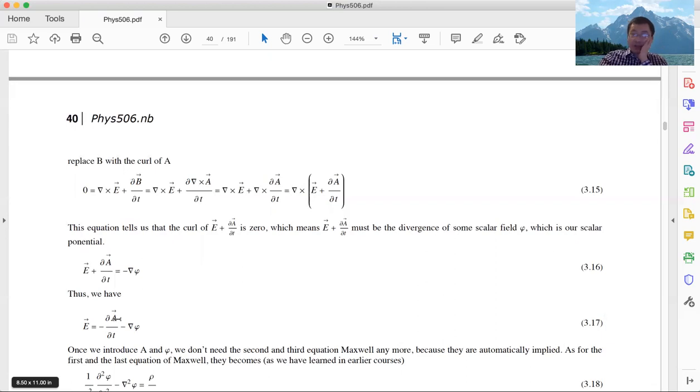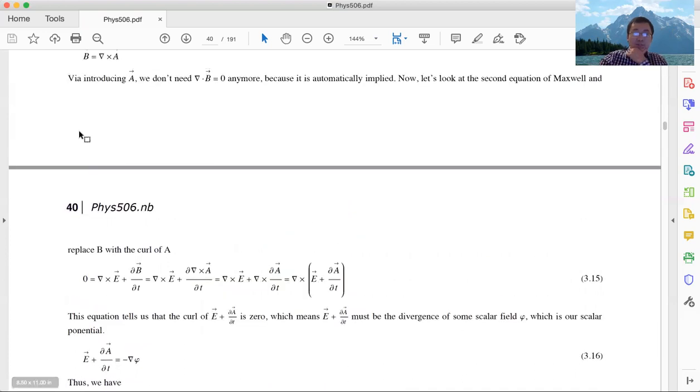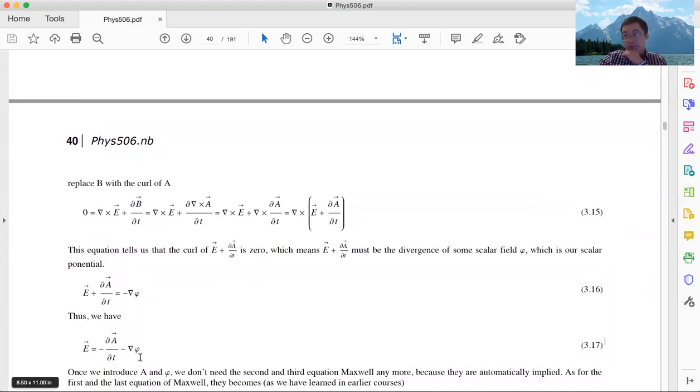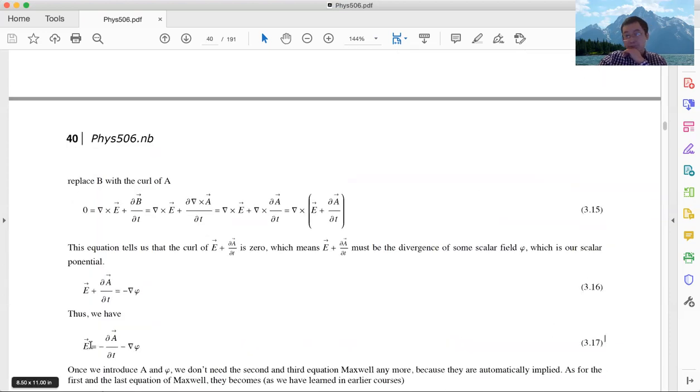Nevertheless, with A and phi, with scalar and vector potential, we can prove that as long as our universe is singly connected, as long as the space has no strange structures, we can replace B and E by A and phi. Okay? If we know A and phi, by taking derivatives we immediately know B and E. And there are two nice things about this A and phi language.